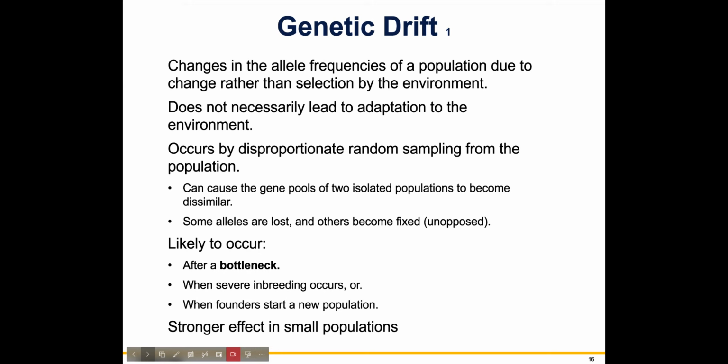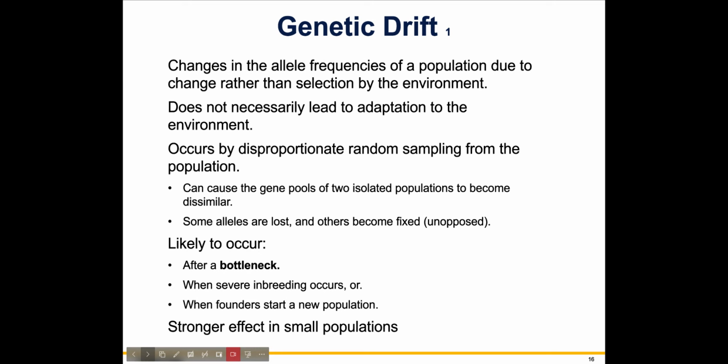And this doesn't necessarily lead to adaptation to the environment, but what happens is we had a large, diverse gene pool, and then we can eliminate some of those alleles from the population.